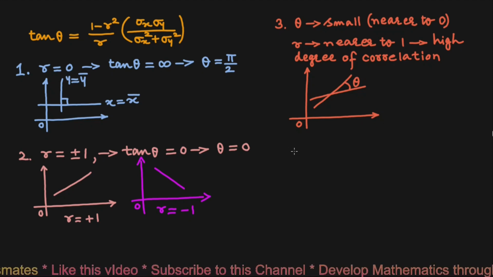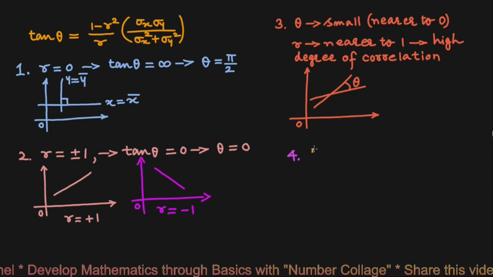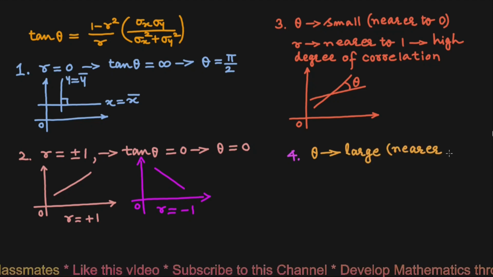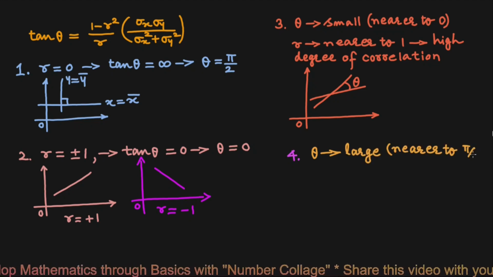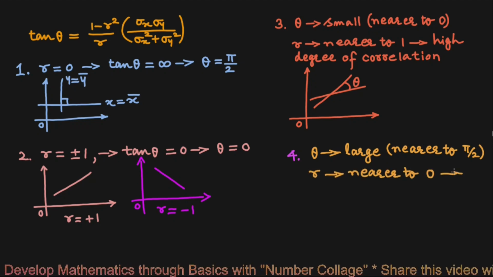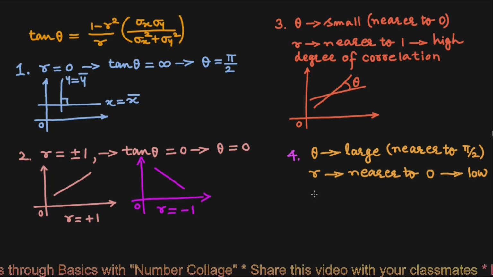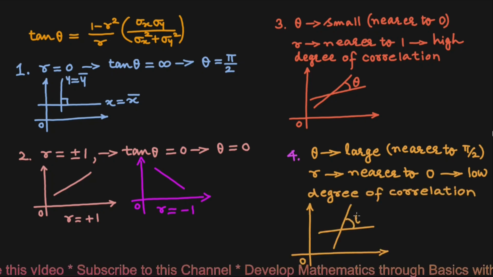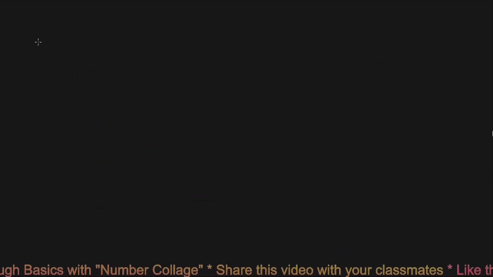And the fourth interpretation is, when theta is large, that is nearer to pi by 2 radians, r will be nearer to 0 and there will be a low degree of correlation, and the lines will look like these with a large angle between them.